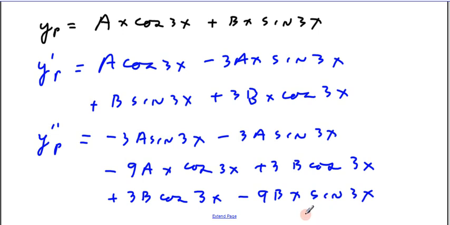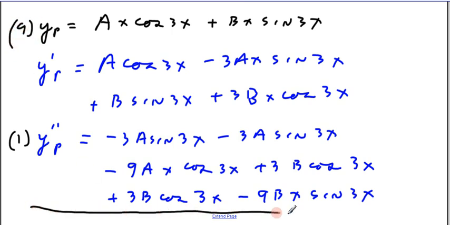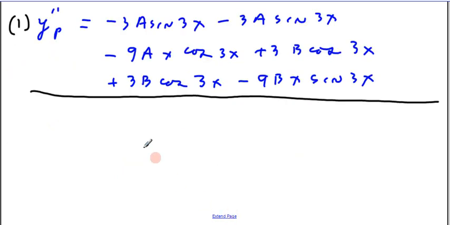Isn't that just lovely? And we want one of these guys and 9 of those guys. None of these, so that's convenient. And when we get done, we want to have 2 cosine 3x plus 2 sine 3x.